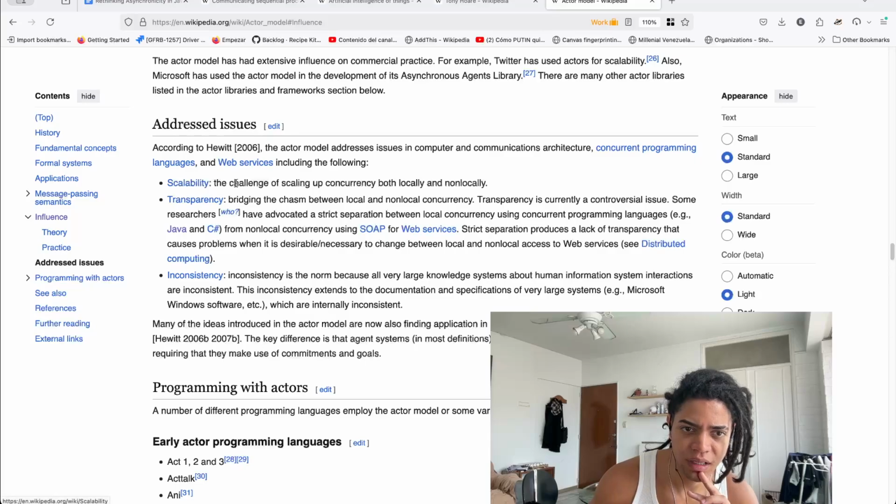The actor model addresses issues in computer communications architecture, concurrent computer programming languages, and web services, including scalability, the challenge of scaling up concurrency both locally and non-locally, transparency, and inconsistency.